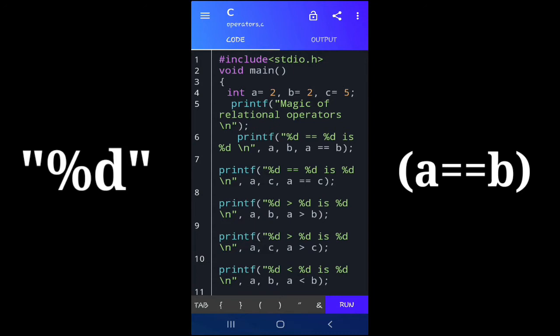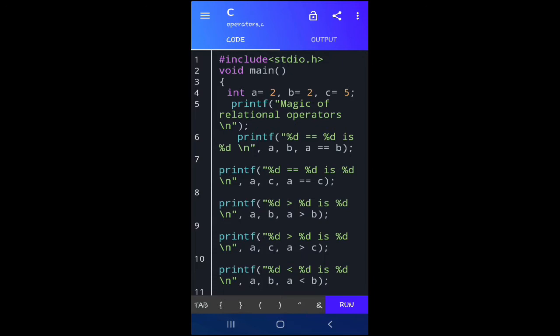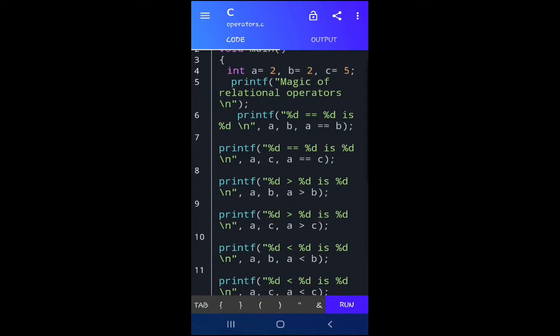These %d's represent the variables we have given. If instead of b I had given c, it would have been a, c, a equals c. Since I have given a, b, a equals b, these %d's represent them.